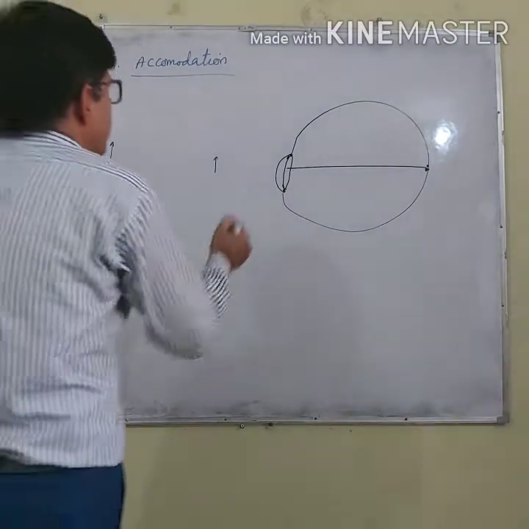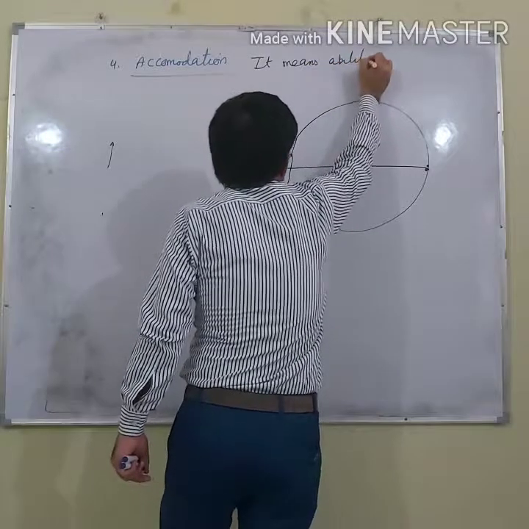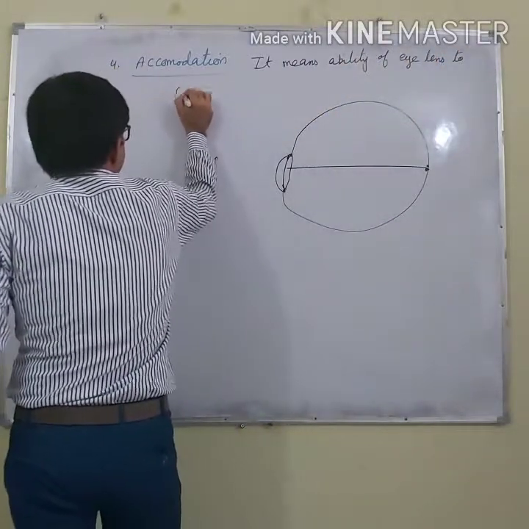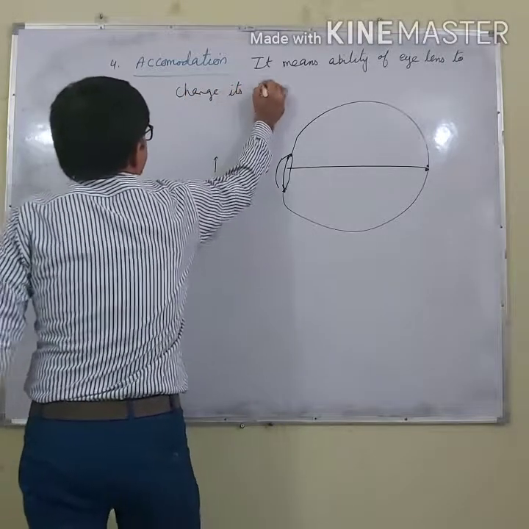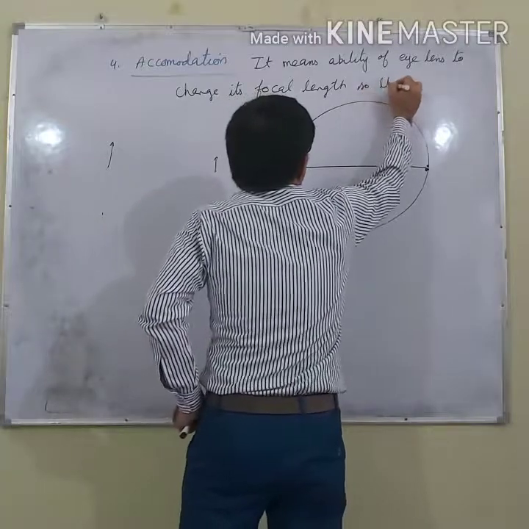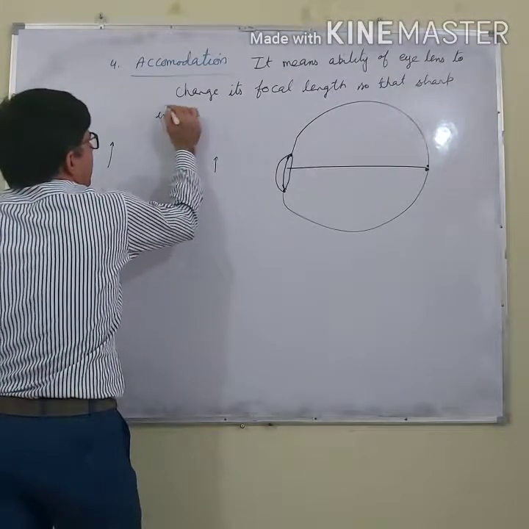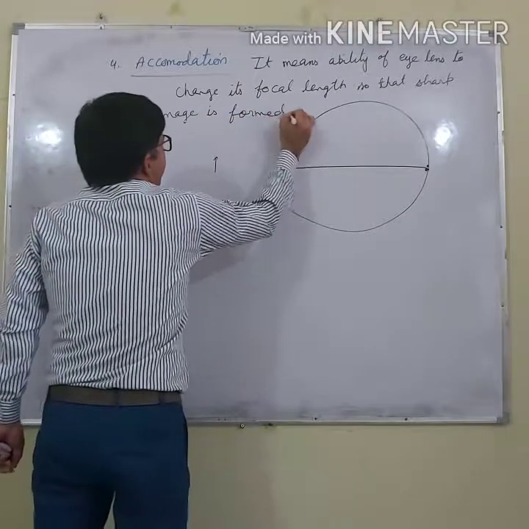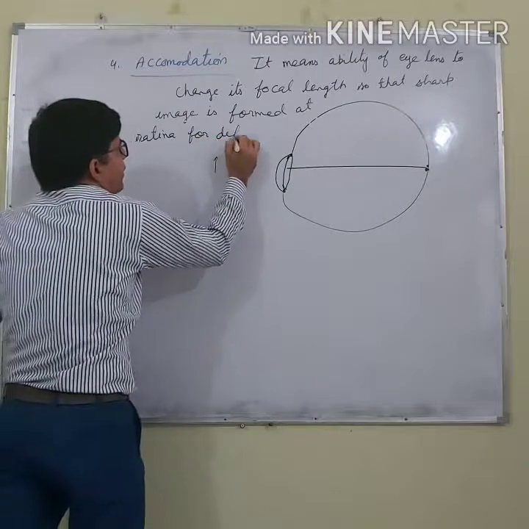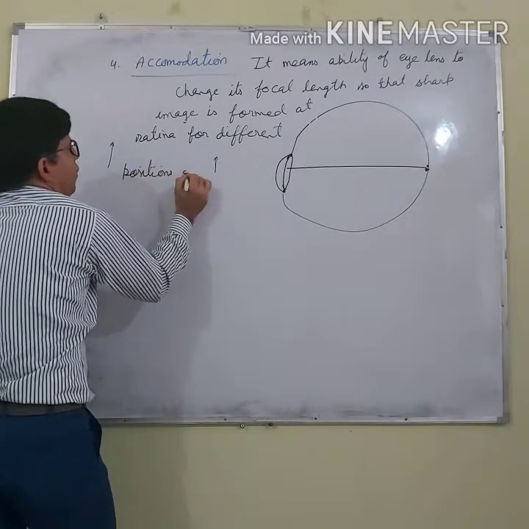Accommodation means the ability of the eye lens to change its focal length so that a sharp image is formed at the retina for different positions of objects.